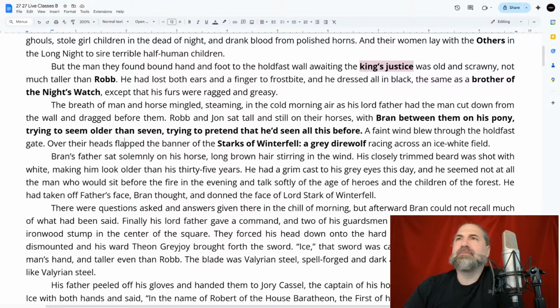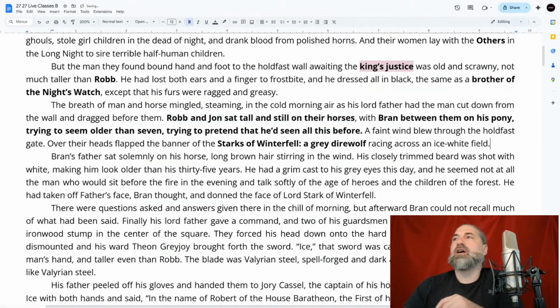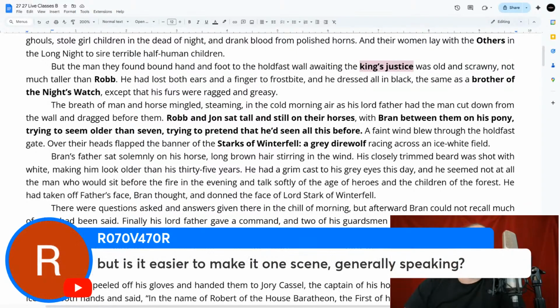And then... This is character development. All right, so there's a lot going on just in that passage. If you notice, he is writing more like storyteller narrative, which is apt for 1991. All right. But is it easier to make it one scene, generally speaking? It's not that it's easier to make it one scene.